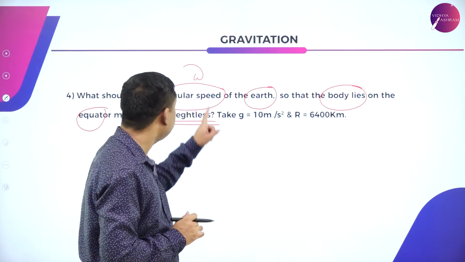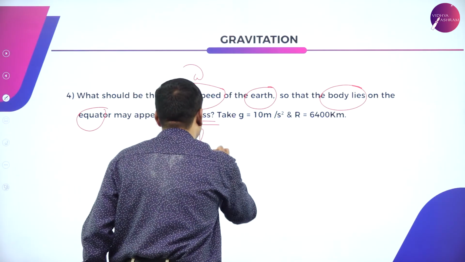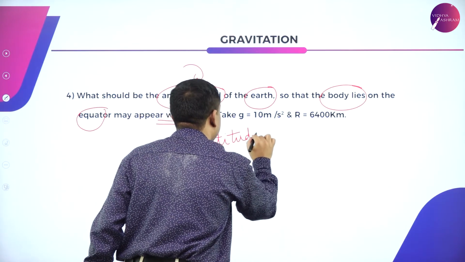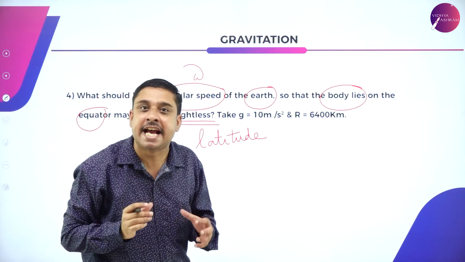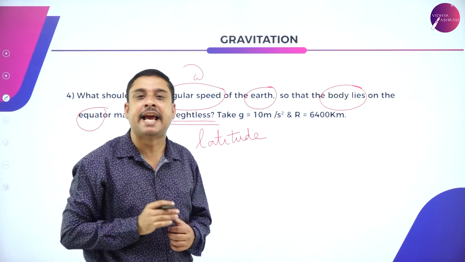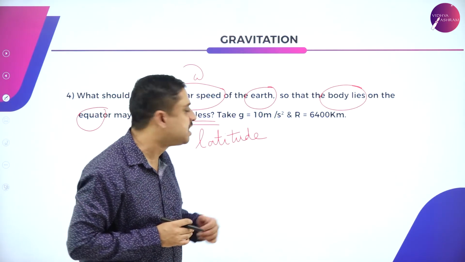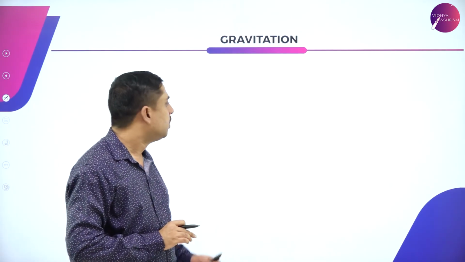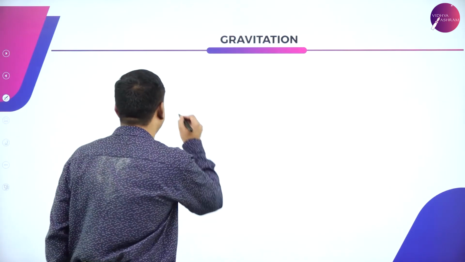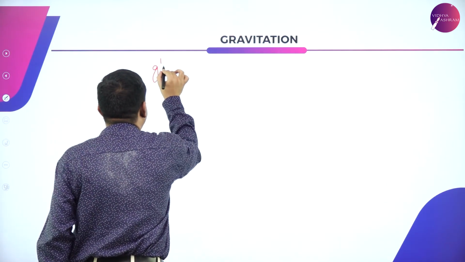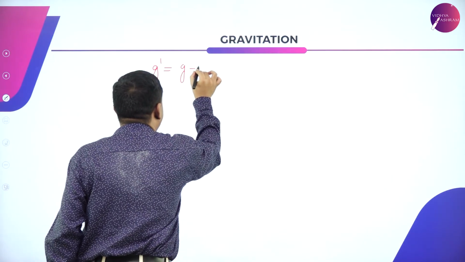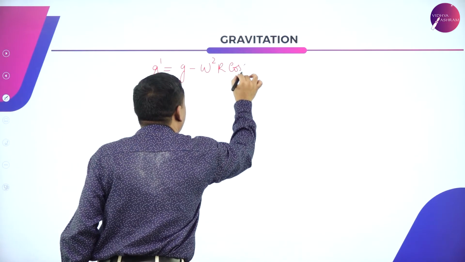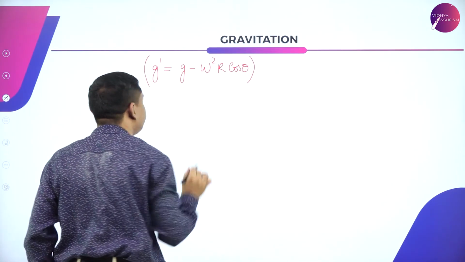Now, this is a problem which is related to variation of acceleration due to gravity at the latitude. So at the latitude, G dash is G minus omega square r cos theta.